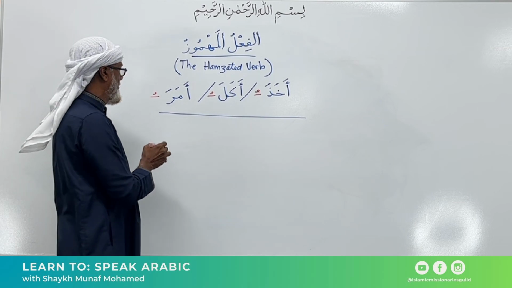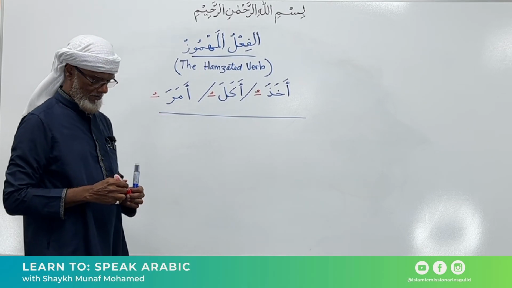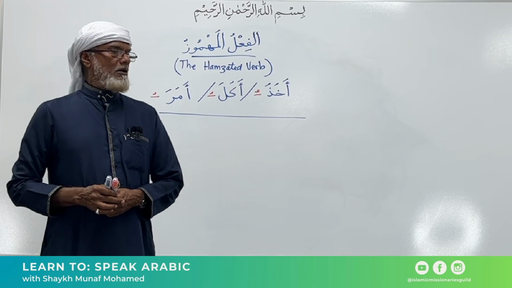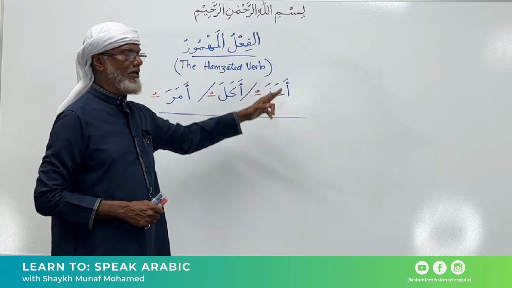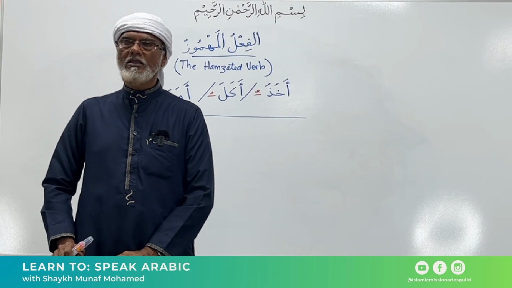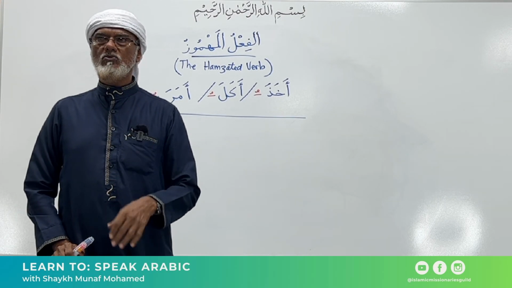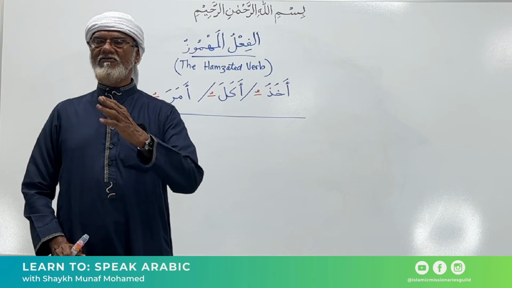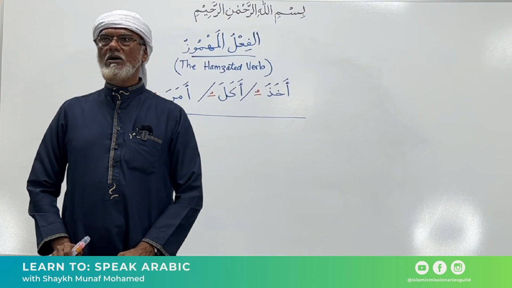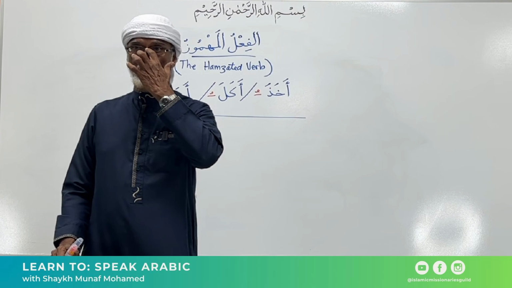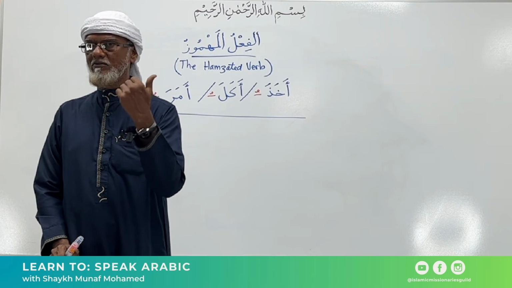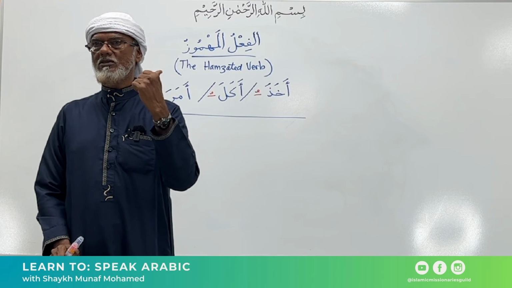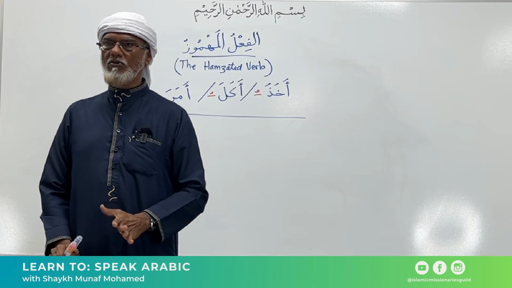All of them have Dhamma. For the imperfect tense, the middle letter will change to a Dhamma. So yakhudhu. And for female, takhudhu. And then for you, masculine, same thing like the feminine third person singular, takhudhu.